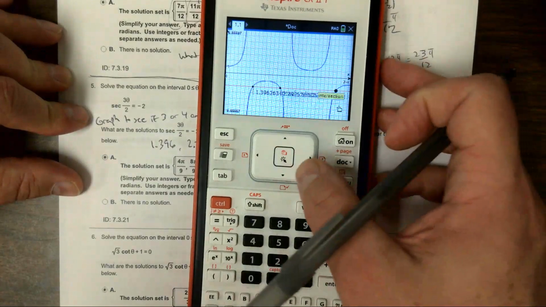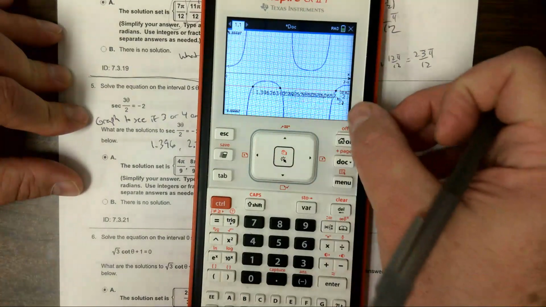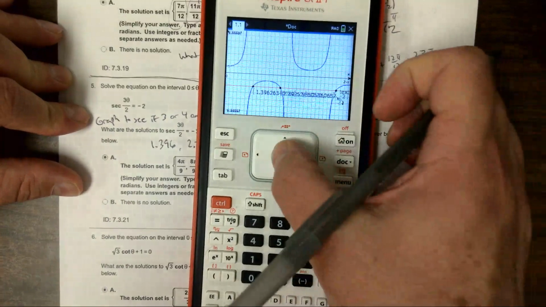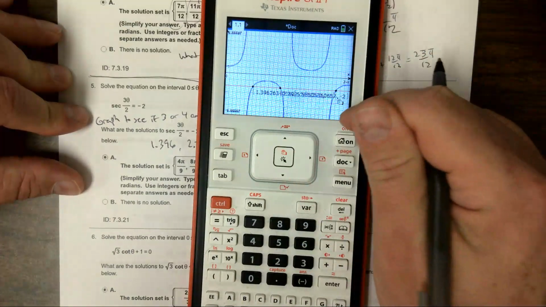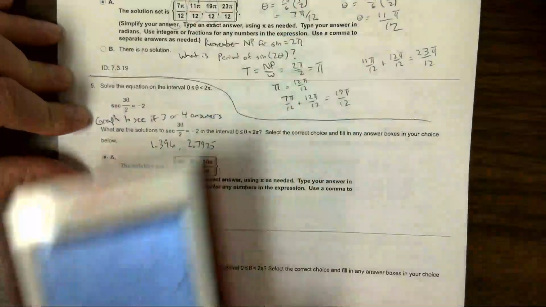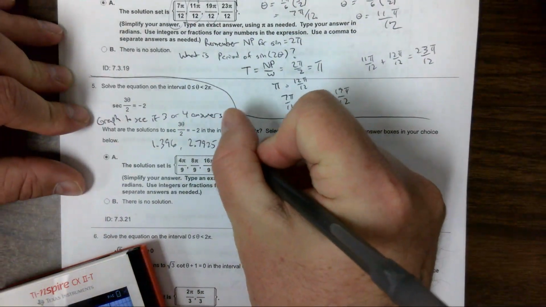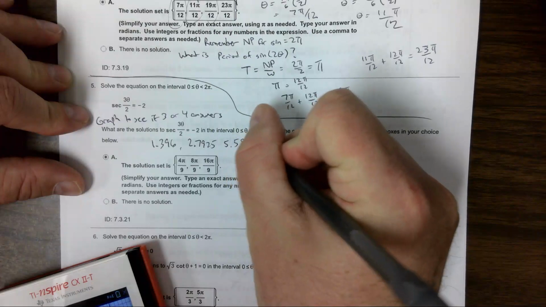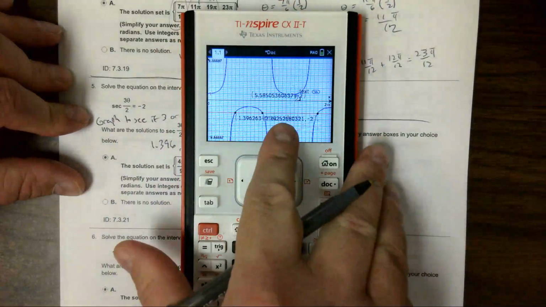Lower bound means the left side. And remember, if it's an open hand, you can push down, grab it, see it closed, and then move it. And that's your 5.585.